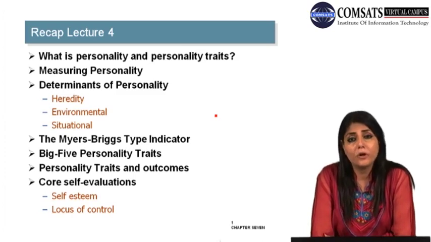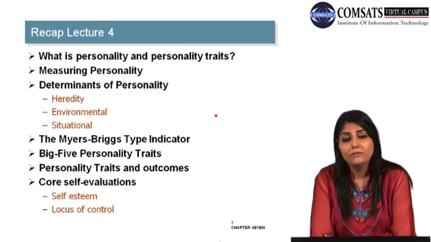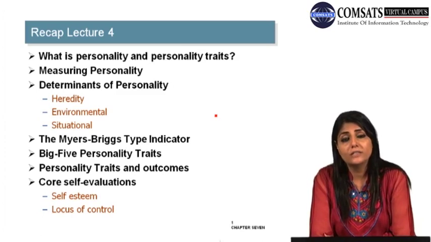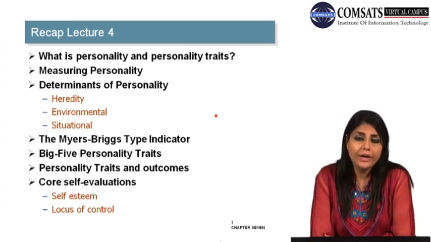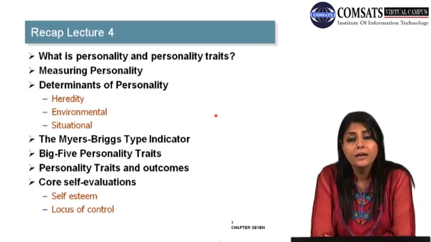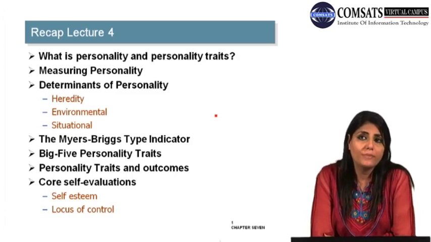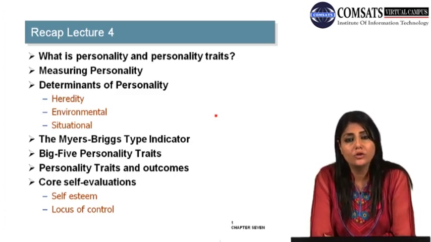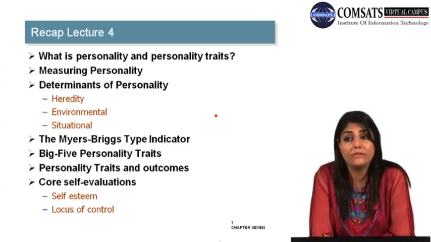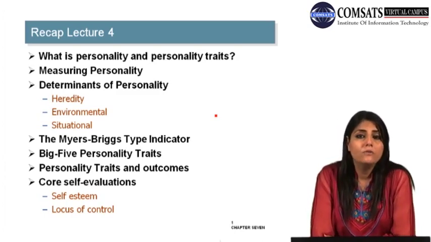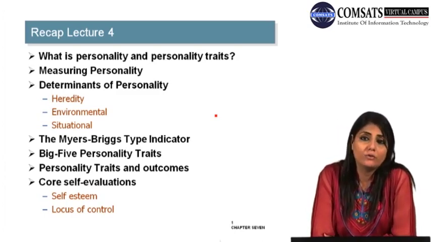Then we came to the topic of personality in our last lecture, right? And because we are starting off at the individual level, you see that these lectures are scheduled in such a way that we are starting off from the individual level, then we are moving to the group level, to the level of teams. We move further up to the level of the organization.